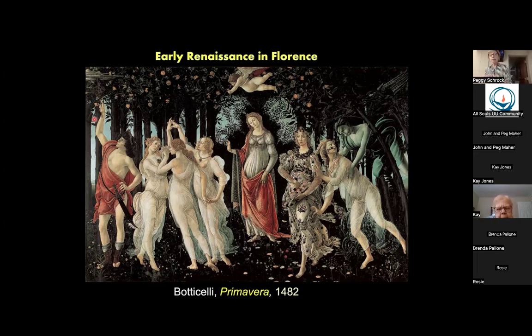So he's working in Florence. Now, this was commissioned by and for the Medici family, and it commemorates the wedding of Lorenzo de' Medici in 1482. And it is in every way meant to be a symbol of rebirth and renewal, which a wedding is in a way, but also the Renaissance itself is.